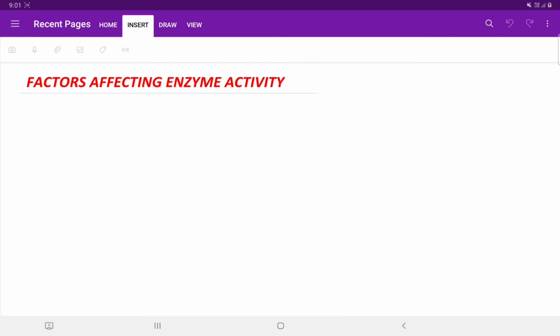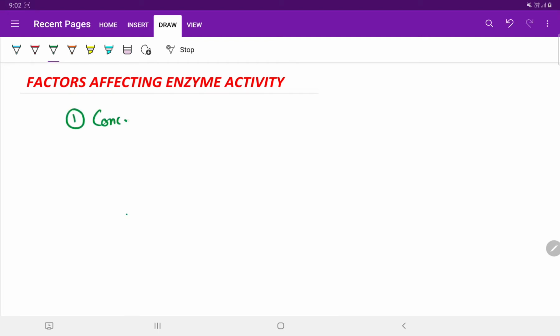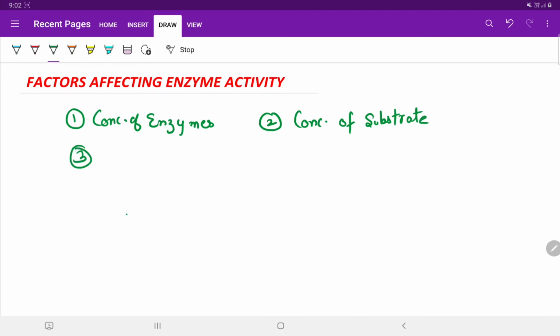So some of the important factors that govern the enzyme activity are: first is the concentration of enzymes, secondly the concentration of substrates, then the effect of temperature, the effects of pH, the effects of product concentration.